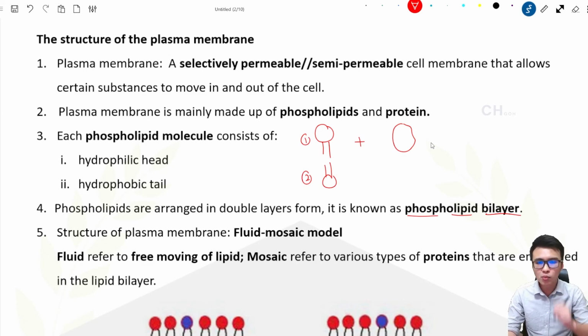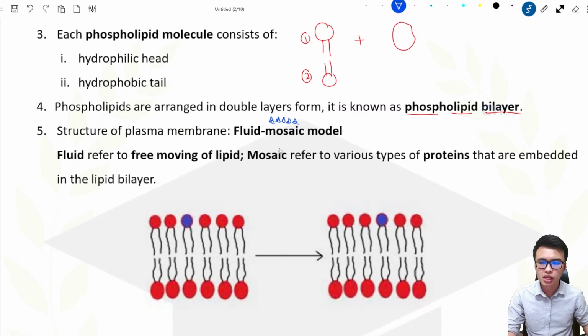Now guys, one more thing that you need to know is very, very important. Hopefully you can put 1, 2, 3, 4, 5 stars on this point. It's the fluid mosaic model. People always say that the plasma membrane is a fluid mosaic model. So what is the meaning of fluid mosaic model? Fluid means the free moving of phospholipids.